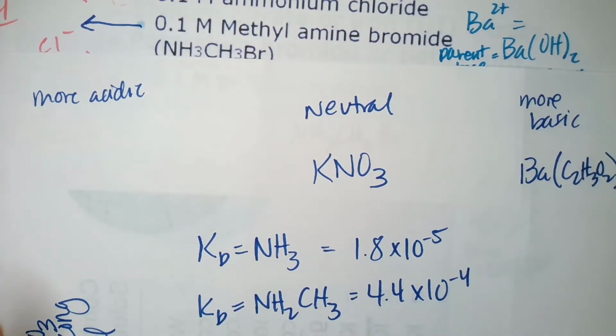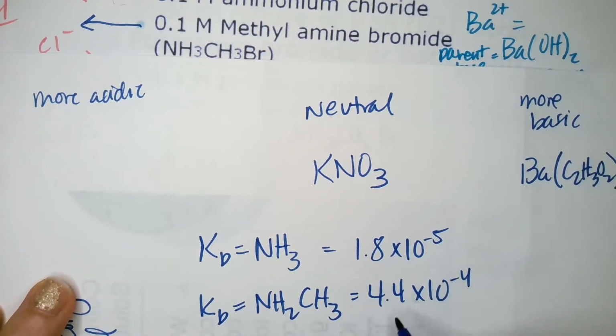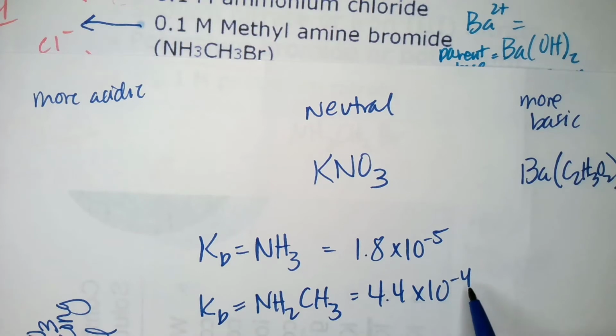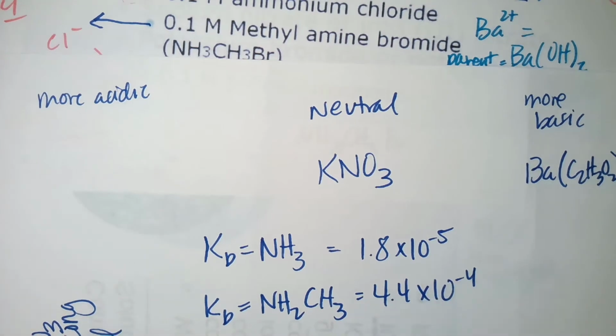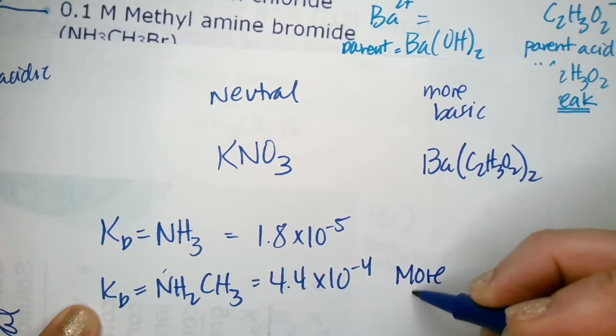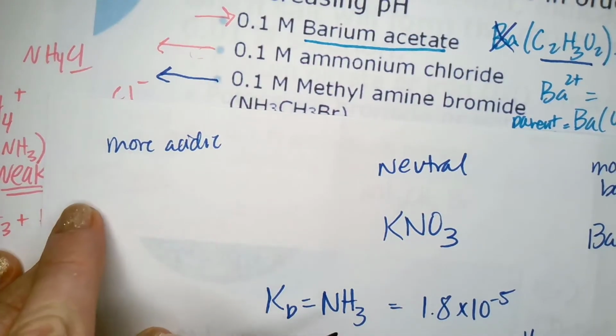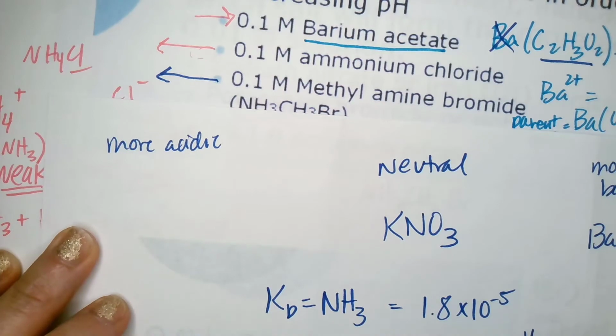So we can do one of two things. If we look at the Kb values, we know that the greater the Kb, the more basic it is. So which one of these is the greater number? Well, the number that's to the negative 4th is a greater number. Negative 5 is a smaller number. So if this is a greater Kb, that means that this one is more basic, which means on our number line, it's not going to be further left, it's going to be further right.